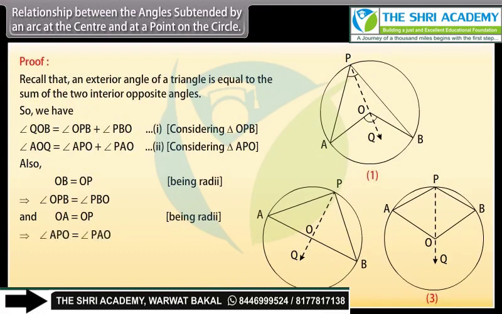Similarly, angle APO is equal to angle PAO, thus 1 and 2 reduce to angle QOB as 2 into angle OPB, 3. Angle AOQ is equal to 2 angle APO, 4.